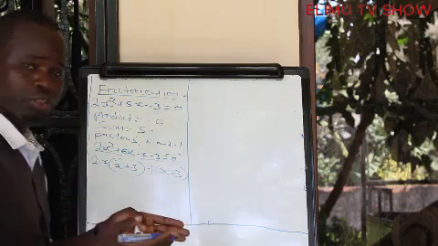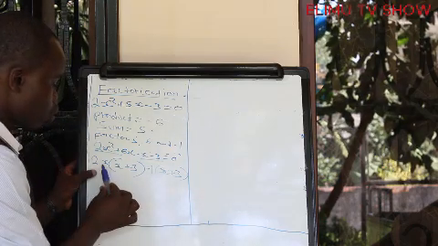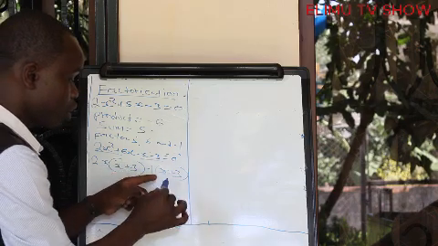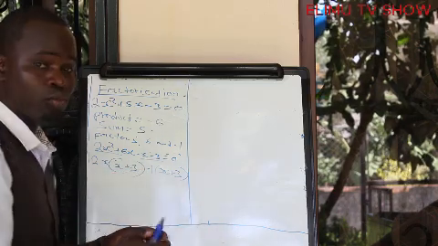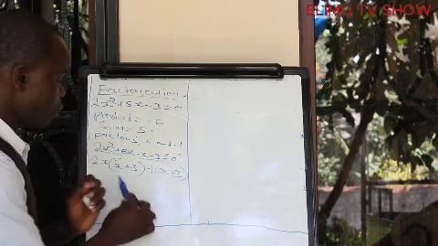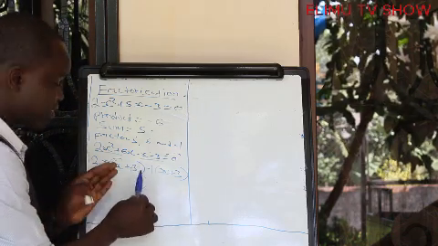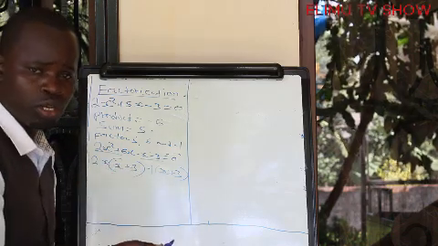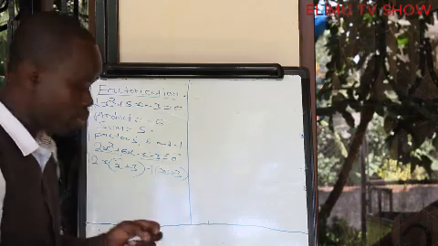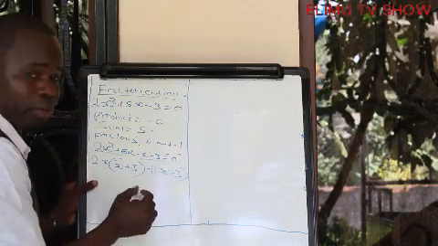Now from that point, my viewers, we have 2x into bracket x plus 3, minus 1 into bracket x plus 3. Once you've reached that point, remember that what is inside the brackets are equal. You're going to take what is outside the brackets and combine them together, that is 2x and minus 1.